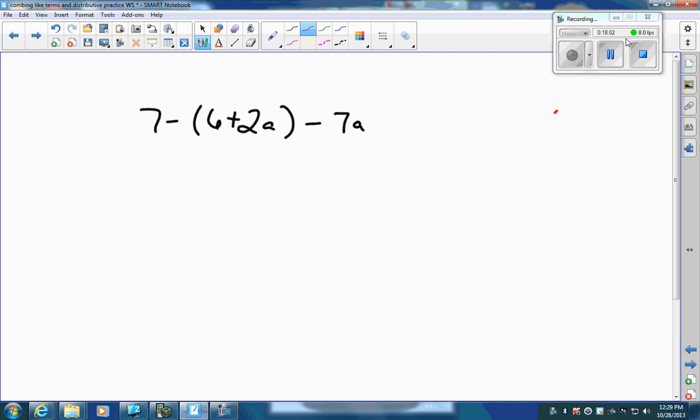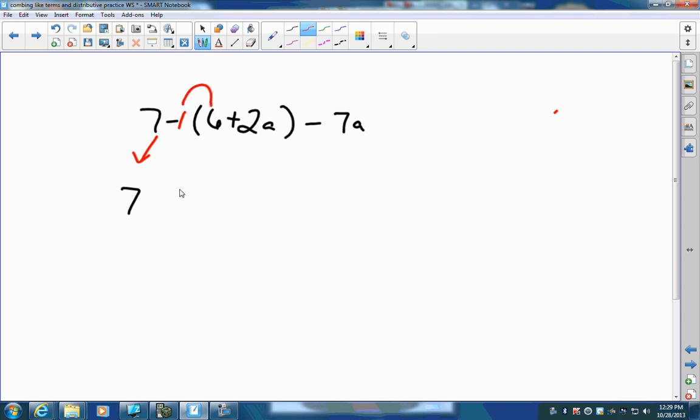So the first one right here, when you go and look, this 7 is not what's right next to the parentheses. I need to just bring the 7 down. What is right next to the parentheses is the -1. So I have -1 times 6, -6, -1 times 2A, -2A, and then this -7A just comes down.